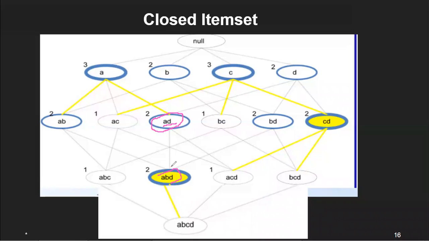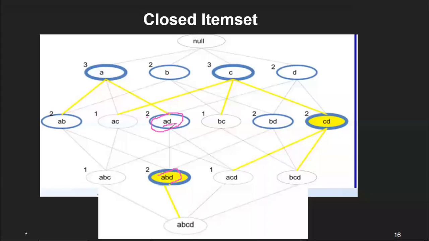Because ABD is a superset of the subset AD, and the support value of ABD and AD is the same, because this is a 2 value and this is a 2 value. It means AD is not a closed frequent item set. Why? Because the support value of its superset and the support value of the item set should not be the same.